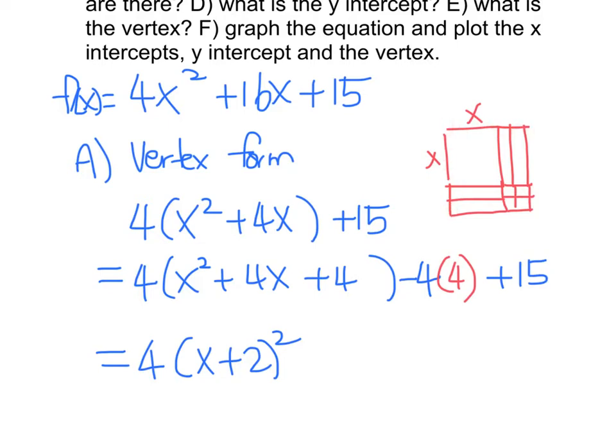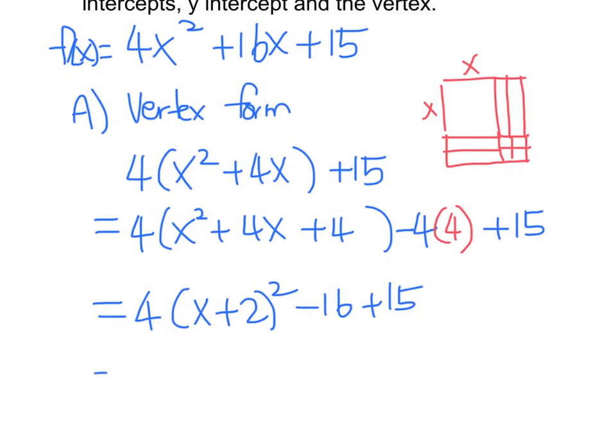Okay? And then now we're going to simplify the back part, and this is where a lot of you got it wrong, right? So there you go. That's negative 16 plus 15. And so now you have 4 times x plus 2 squared and then minus 1. And here's your vertex form.